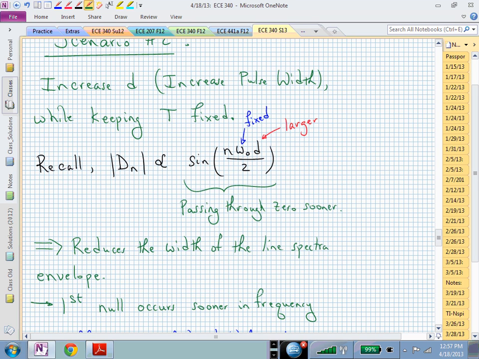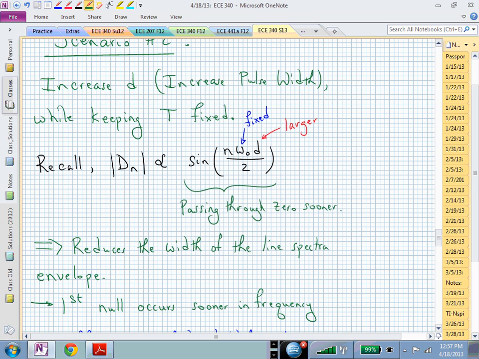If we make D bigger, that sine function's argument is going to increase, isn't it? Sooner. So we are going to change when we cross through 0. It's going to occur sooner in frequency or in harmonic content.